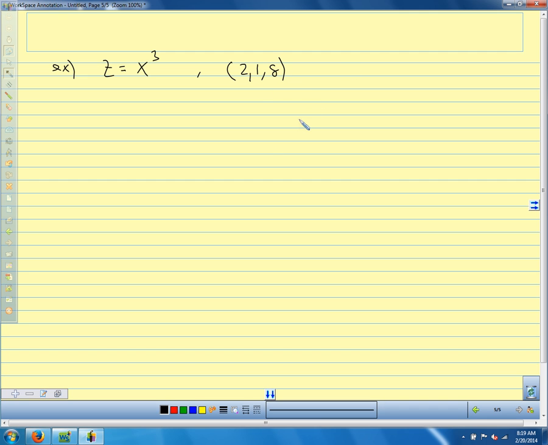So we want a unit normal vector to this surface z equals x cubed at the point 2, 1, 8. So we want a unit normal vector.